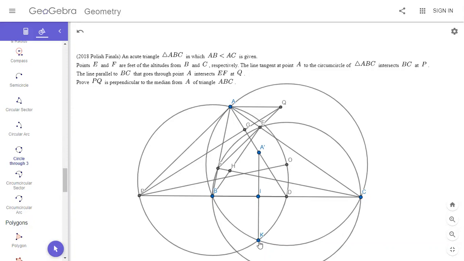And if A is the Humpty point, then K also lies on that circle. Is that obvious?